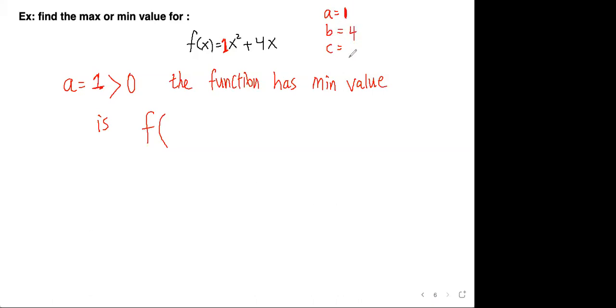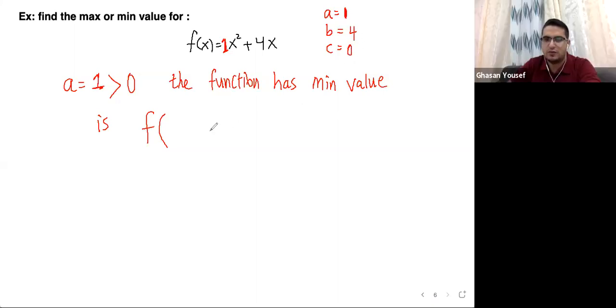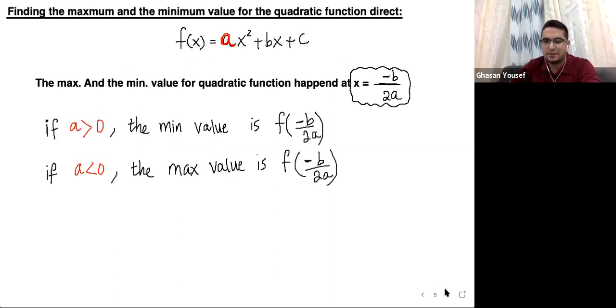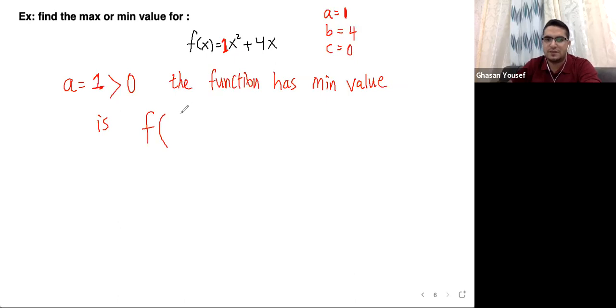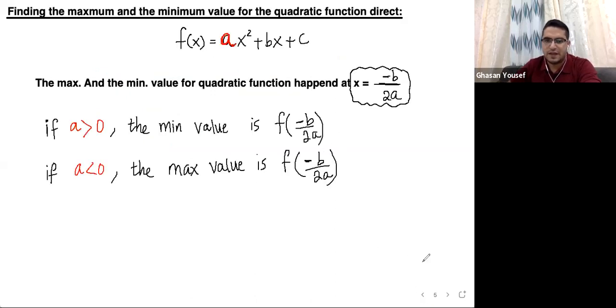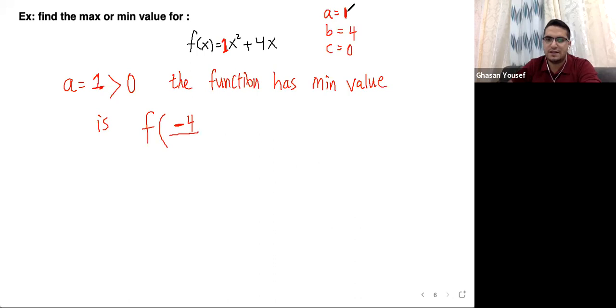What is the c? 0. Exactly. So 1, 4, 0. So my minimum value is f of minus b over 2a. Minus b is minus 4, over 2 times a, which is 1, so 2 times 1. This is f of minus 4 over 2, which is minus 2.